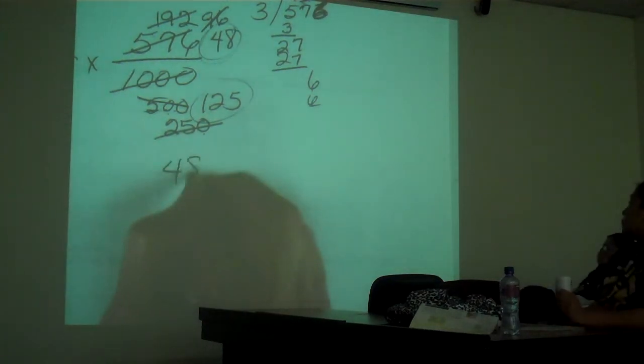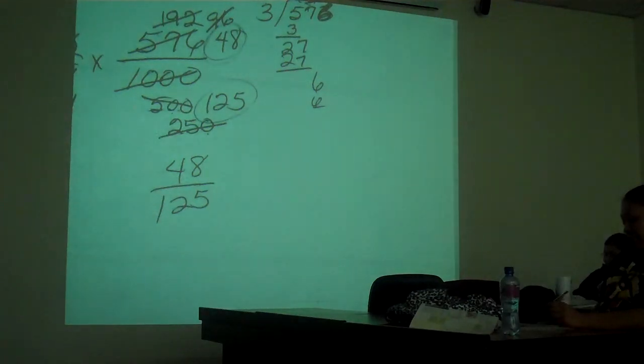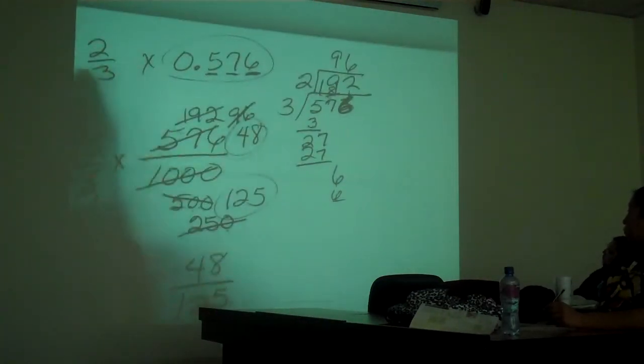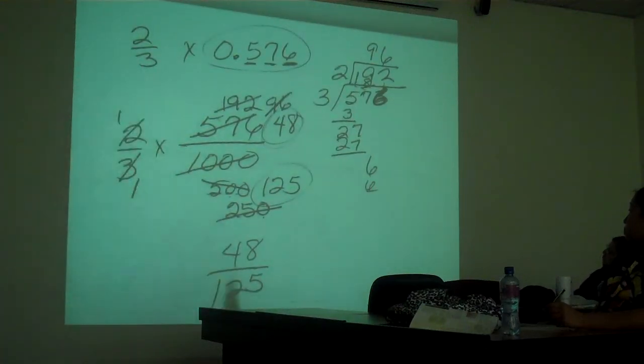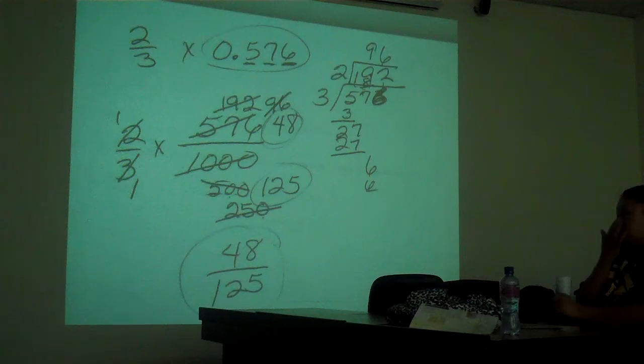48 over 125. And when you do an answer that has fractions and decimals mixed together, you could write it as a fraction or a decimal. It could be one way or the other. So you would do 48 divided by 125.